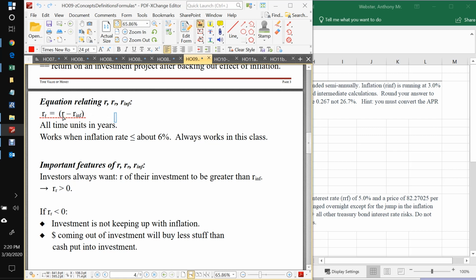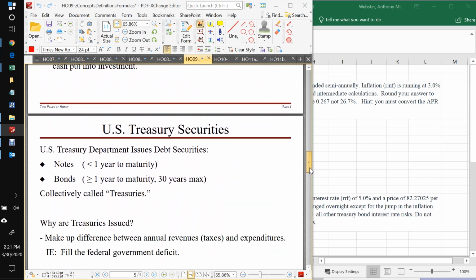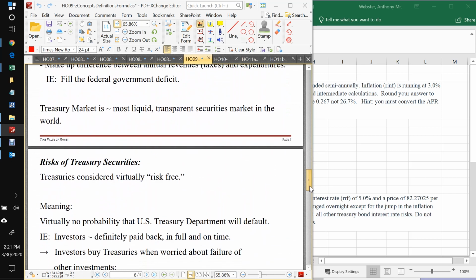This is the R that we know and love that we have been using all along, and our rate of inflation here and our real rate, which, as you can see for us, the real rate of your investment is your nominal rate minus what's eaten away by inflation. So we do want to keep this in mind and know how to use this. And so that's number one important takeaway from this chapter.